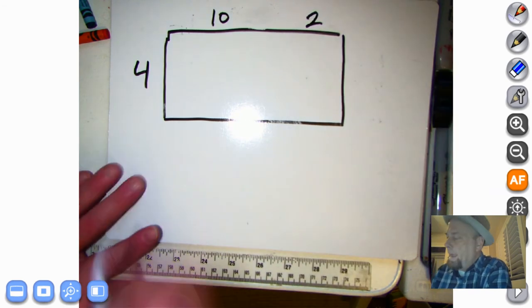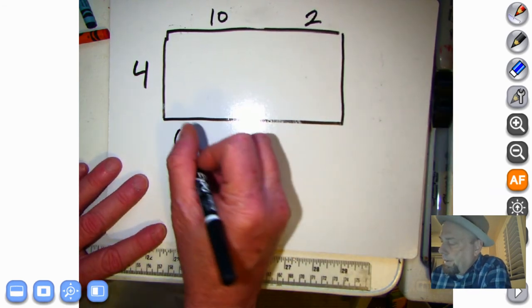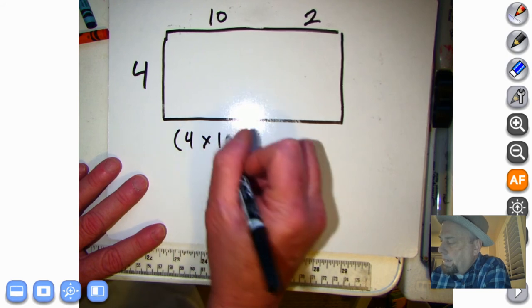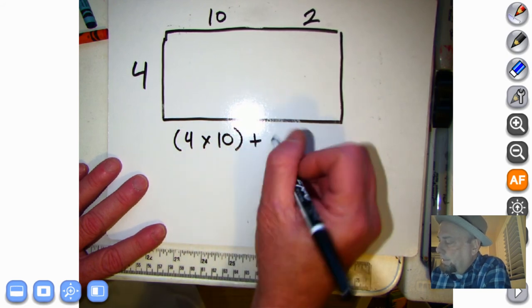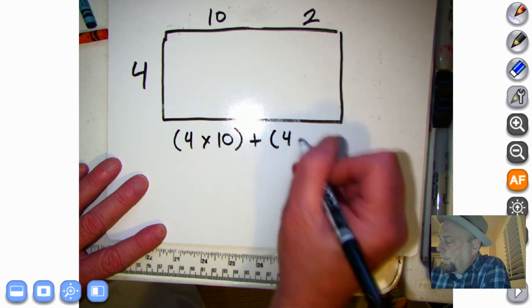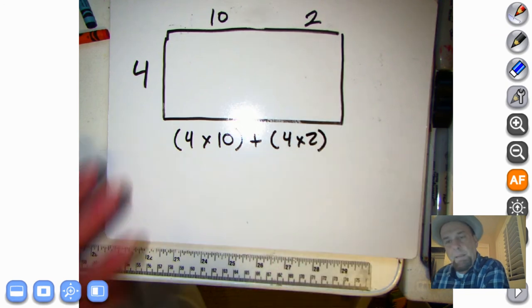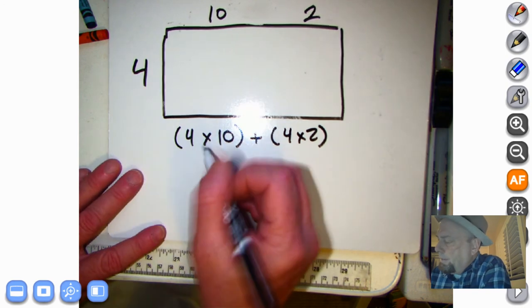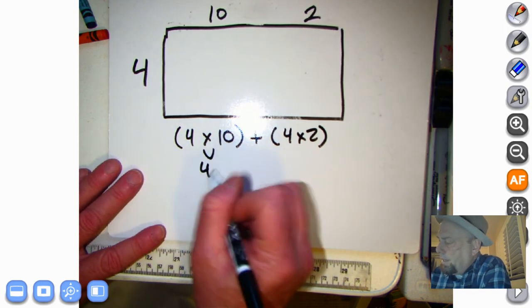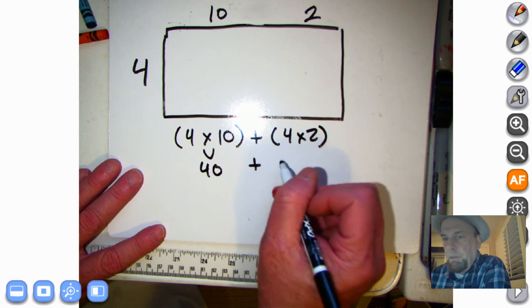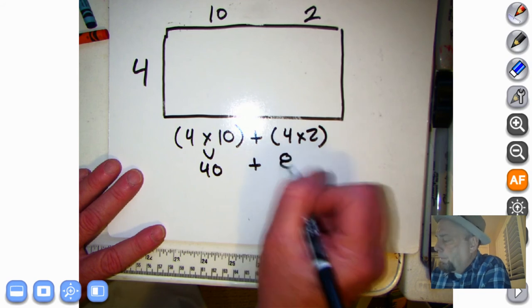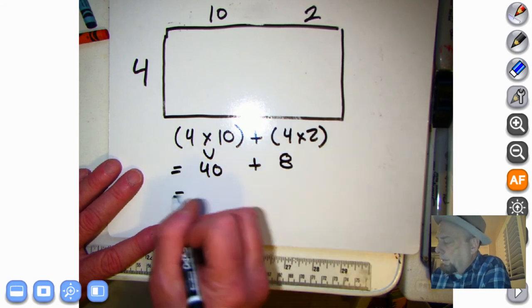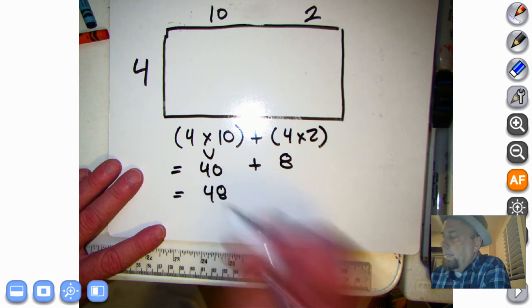That way I could do 4 times 10 plus 4 times 2. And that could be a pretty easy way to figure this all out. So 4 times 10 is 40, plus 4 times 2: 2, 4, 6, 8. 40 plus 8. And what would that equal? That would equal 48. Is it 48?